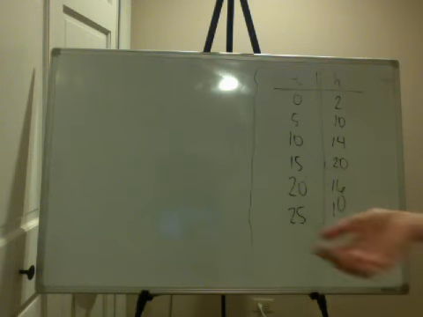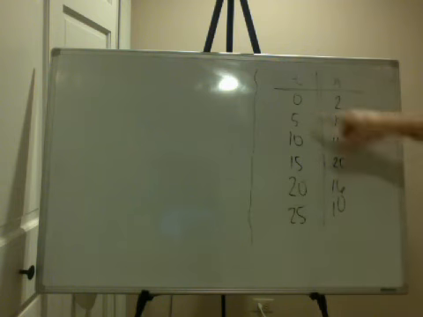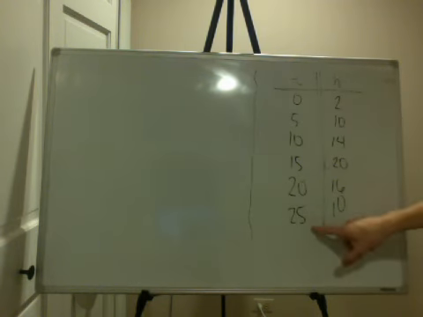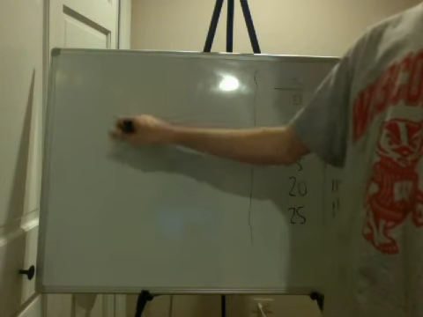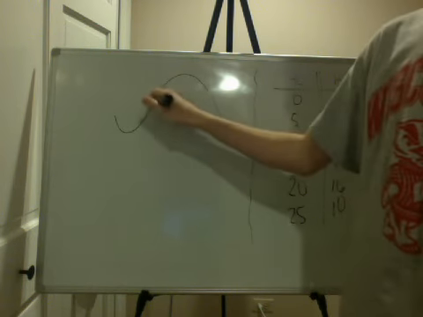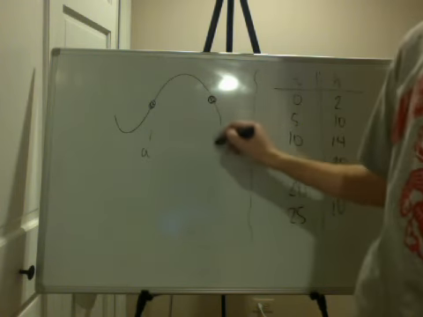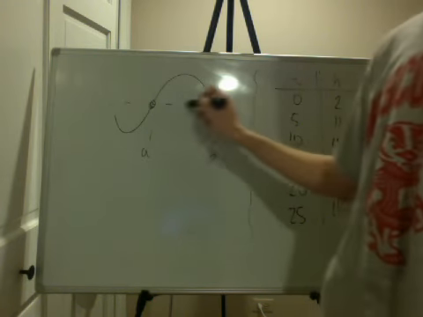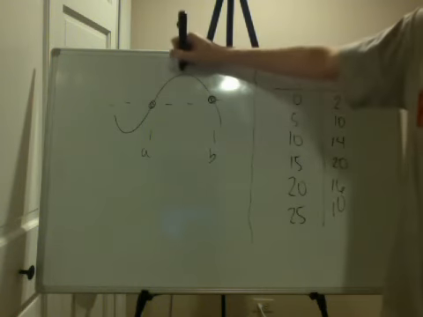But another way you can do this is to think, well, the average velocity, or the actual slope, between this 5 point and this 25 point, they're both the same height. For that reason, the line would look something like this. In this case, this would be the a, and this would be the b. So there exists some point between a and b that has a slope of 0.